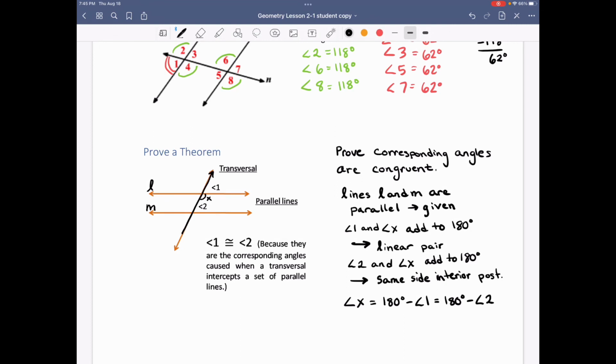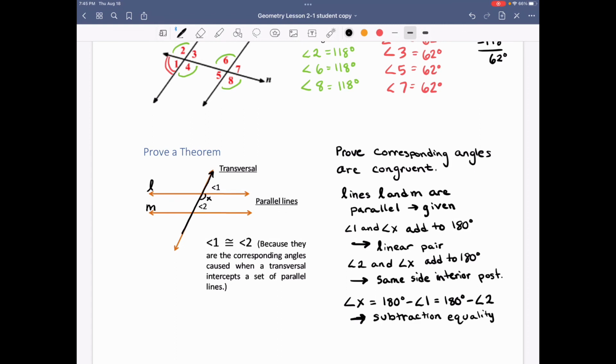If they add to 180, then we can do the subtraction to find out what that angle is. And that would just be the subtraction equality. All right, so that's the reason for that.